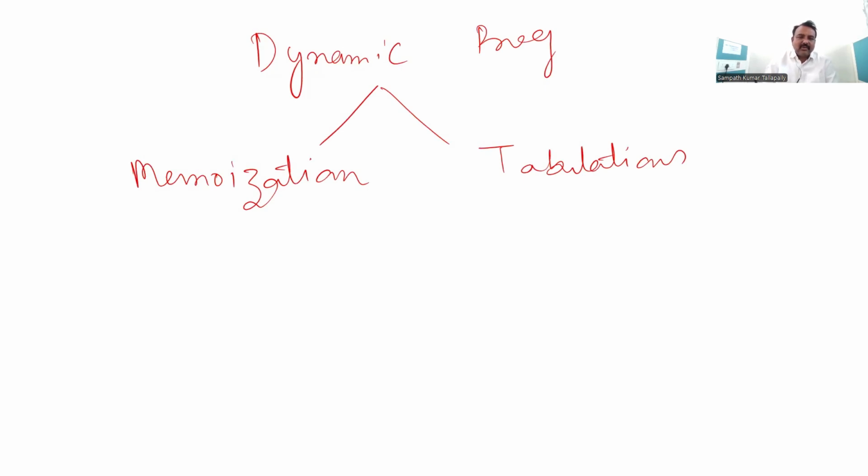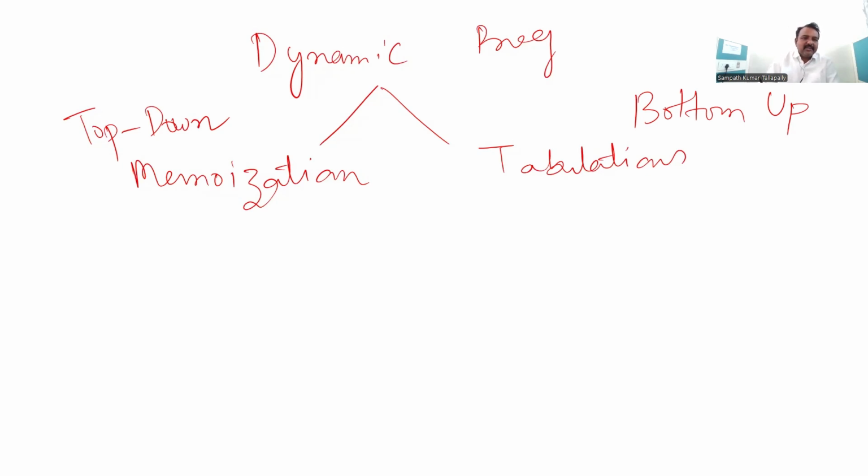Whenever I solve a task using memoization, we use an approach called the top-down approach. And if I use the method called tabulation, we use the bottom-up approach. We'll see what the features and advantages are if we solve a task by using memoization as well as tabulation.